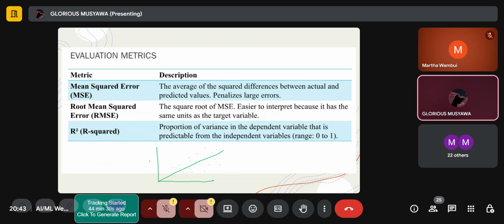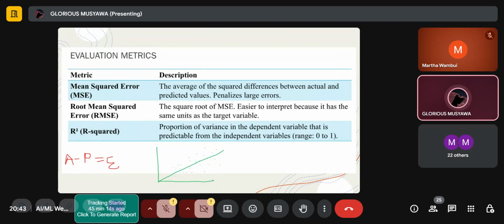So for a model, the error is the difference between the predicted value and the actual value. What mean squared error does is it squares that error. So you get the error, then you square it, which means if the error is large, squaring it is going to give an even bigger error.